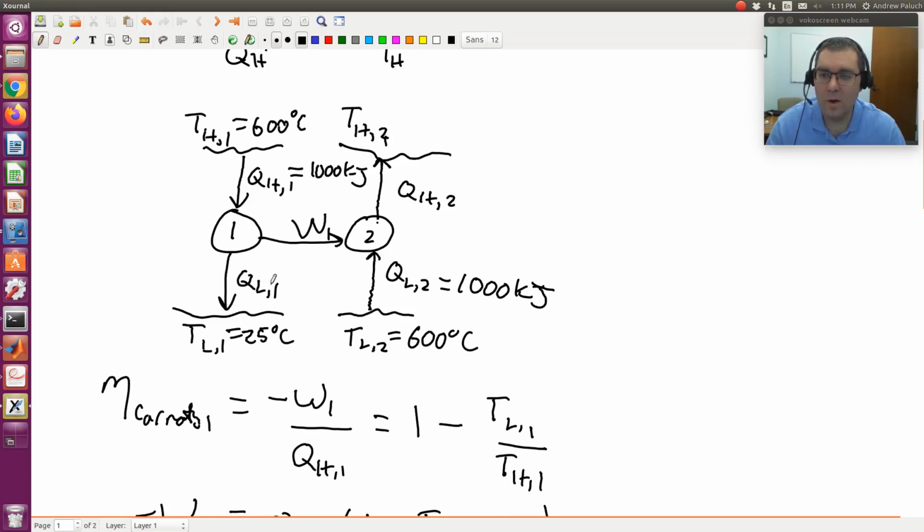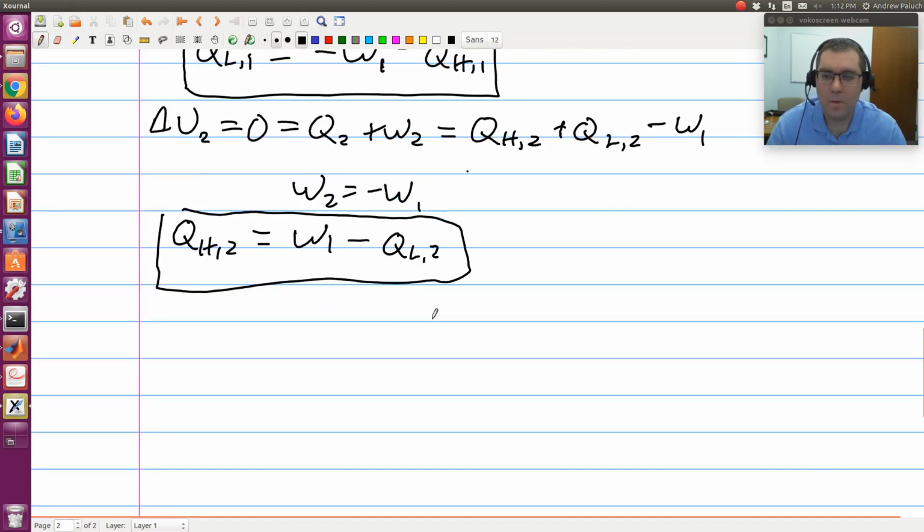Since W1 plus QL1 have to sum to give you QH1, W1 is going to be less than QH1, and QL2 just so happens to be equal to QH1. Since W2 is negative W1, the absolute value is less than 1,000, so QH2 has to be negative. So that also checks out.